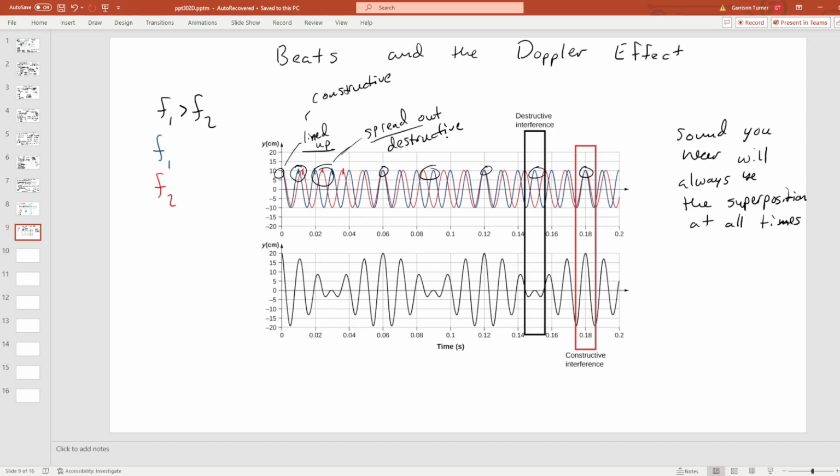When the signals have the same amplitude, you will see the sound go to zero at complete destructive interference, but you'll have maxima at the points of constructive interference. So, how do we analyze this?